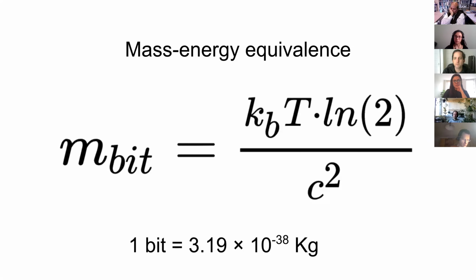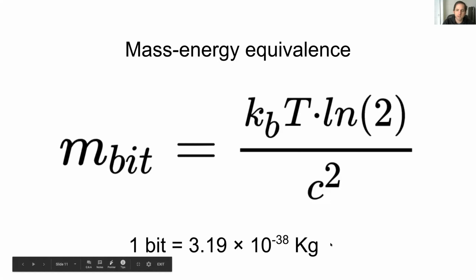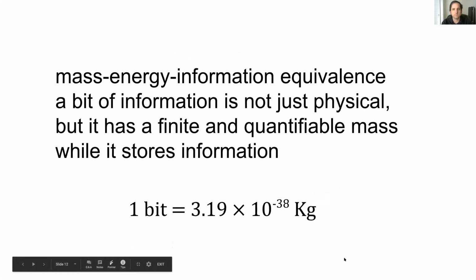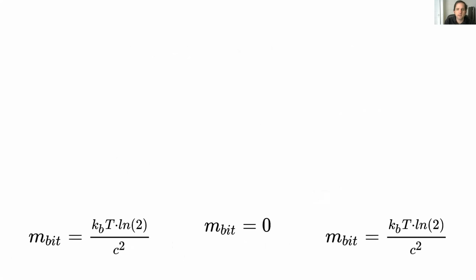So this comes from equating mass with energy and then energy with information. This is kind of the big result, that 1 bit of information at room temperature holds this specific amount of mass.